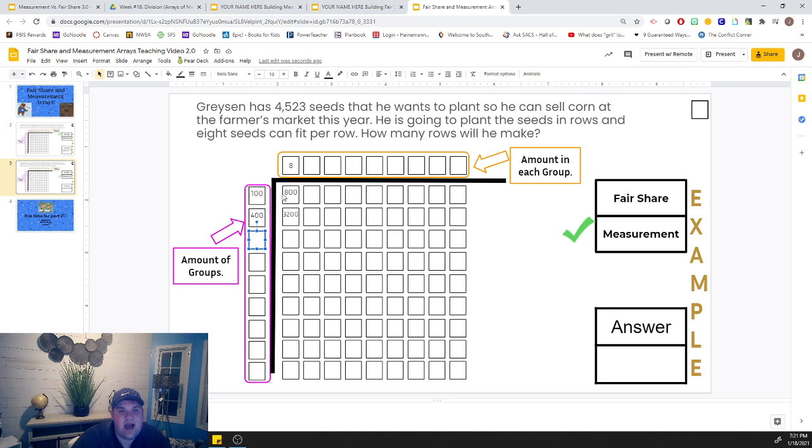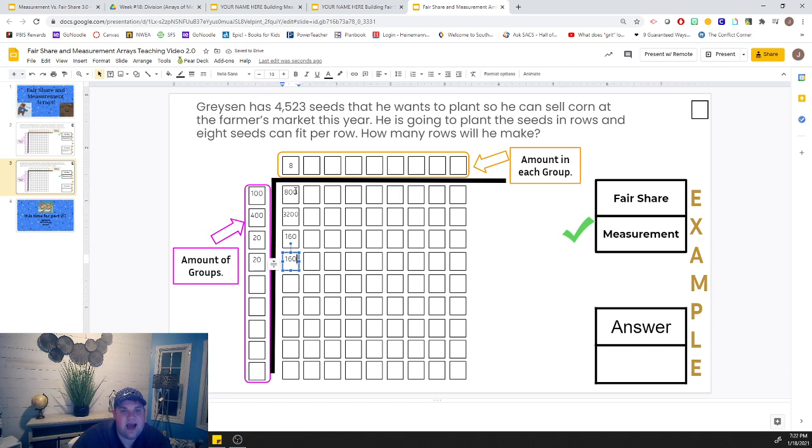So now I've got 4,000. If I put 20 rows, I know 20 rows of 8, 8 times 20, is 160. If I do 20 more rows, that's 160 as well.